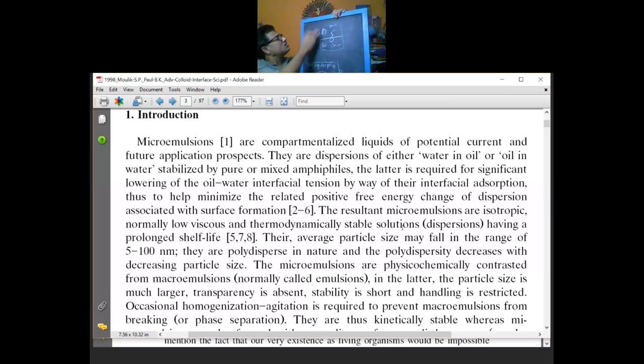Now you consider situation two. When I had oil and air, the surfactant molecules would have the orientation like this, isn't it? Sorry, when I consider oil and water, then what would have happened?